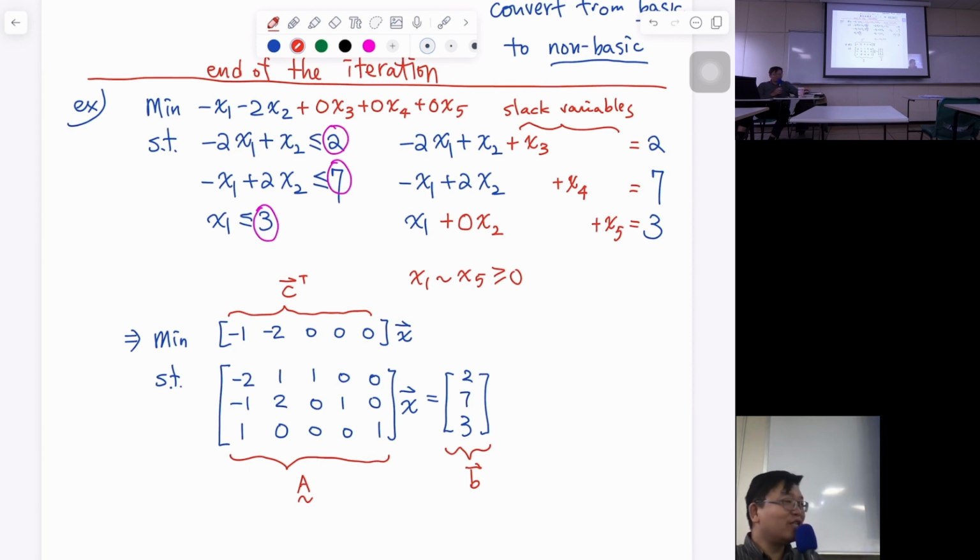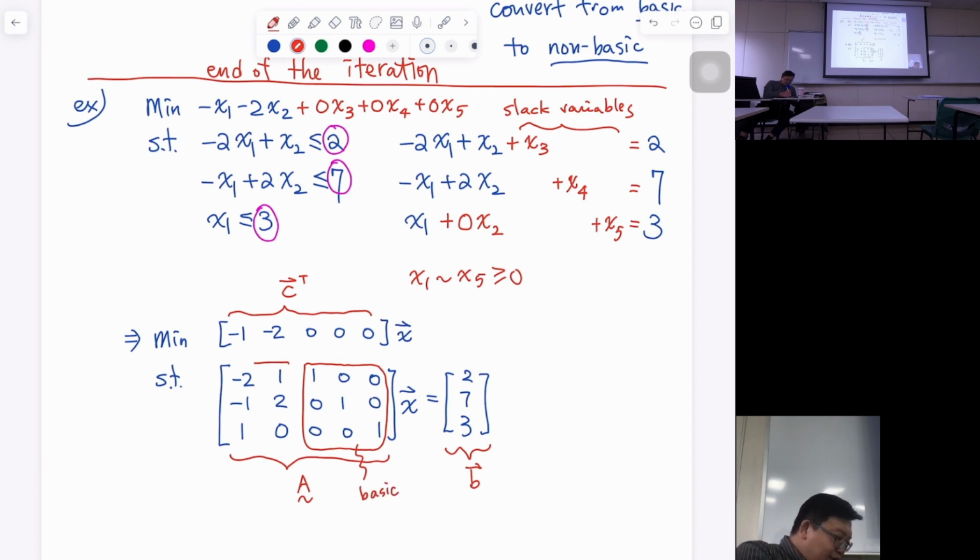Now, we're going to pick which one is basic, which one is non-basic. So the most simple way to do it is to pick up the select variable ones. These are going to be the basic ones. And these are going to be the non-basic ones.